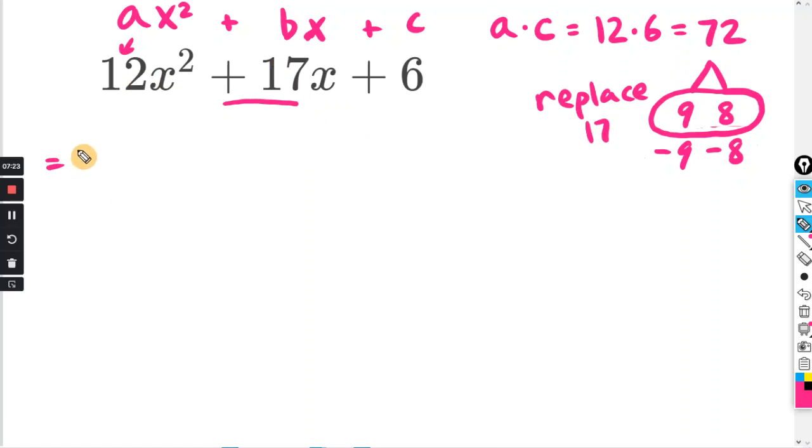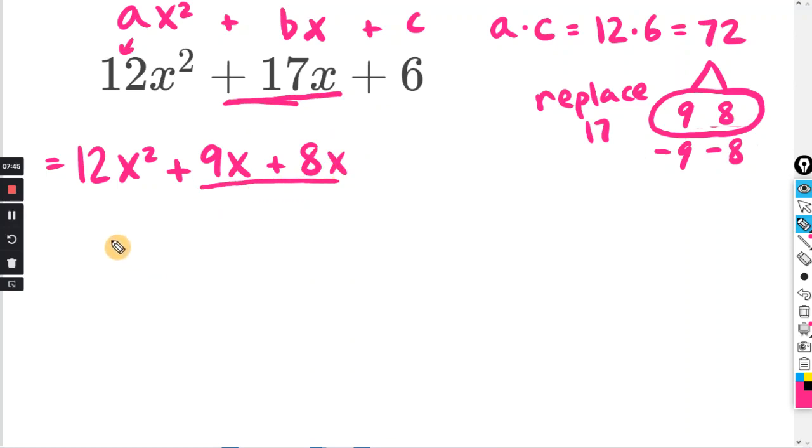So rewriting, we have 12x squared. And instead of plus 17x, we're going to do plus 9x and plus 8x. Okay, so we replace positive 17x with 9x plus 8x. And we still have positive 6 at the end here.